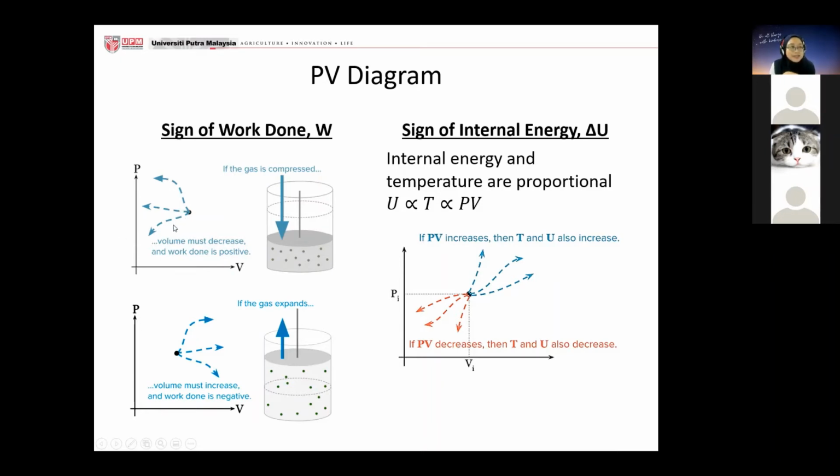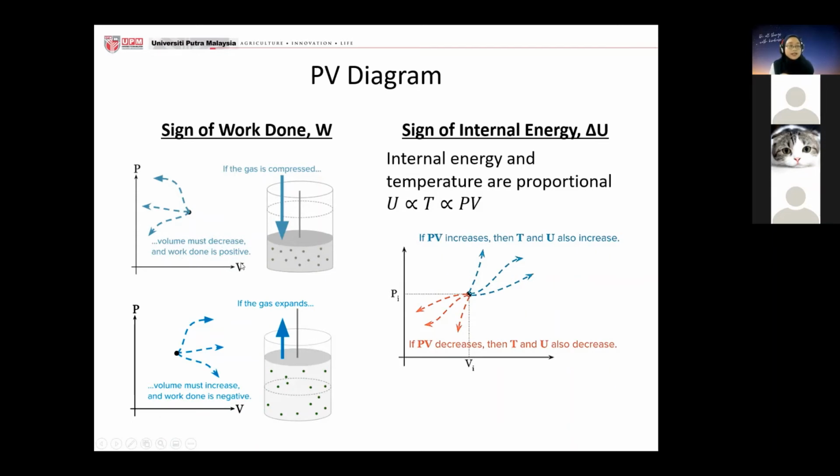Basically in a PV diagram, it's always going to be an initial state and a final state. Initial state could be anywhere, and of course the same is true for the final state. So let's say this is state 1. If it moves towards this area, you can definitely just say, oh, volume decreases, work done is positive.